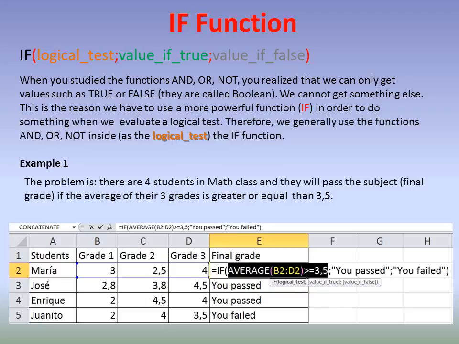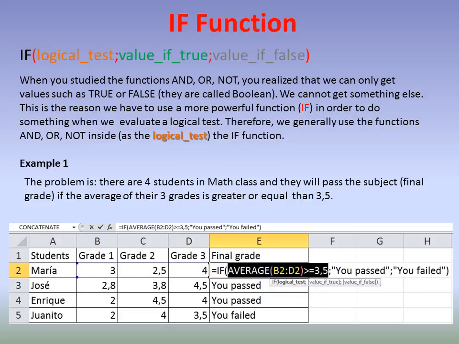Remember that you write the numbers in Excel with commas, no points. If the logical test is true, you will have the message, you passed. If the logical test is false, you will get the message, you failed. According to the data of the exercise, in the case of Jose, his average is 3.7, so it means he passed.